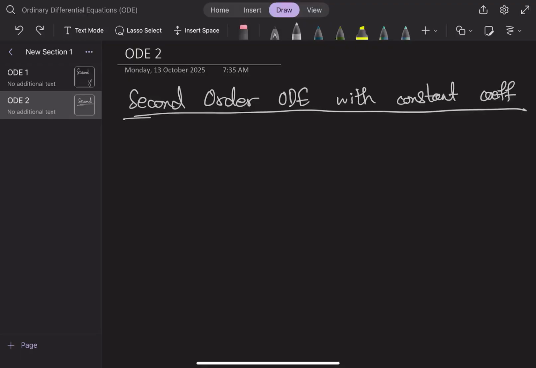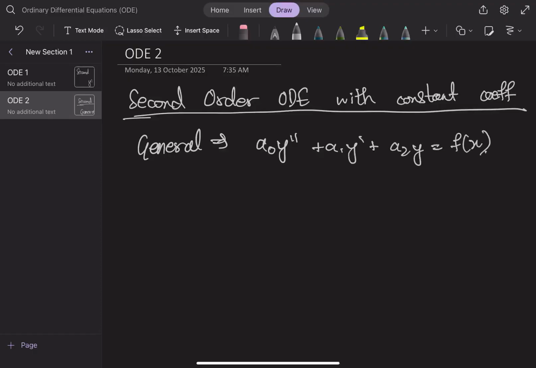So if we look at a general DE with constant coefficients, that is a0 y double dash plus a1 y dash plus a2 y is equal to f(x). So the solution for this is y is equal to CF plus PI.